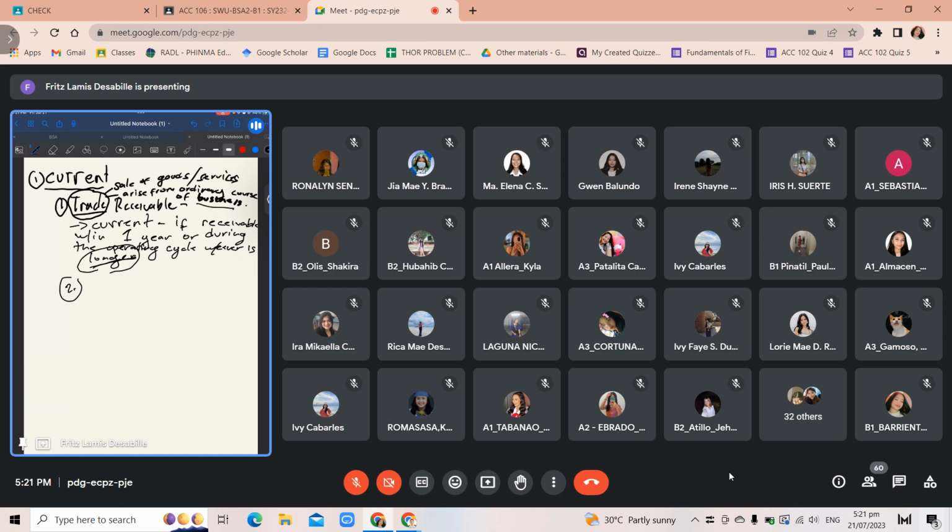We classify it as current if we receive it within one year or during the operating cycle, whichever is longer. So what is the operating cycle? Usually, guys, an operating cycle would go over one year.